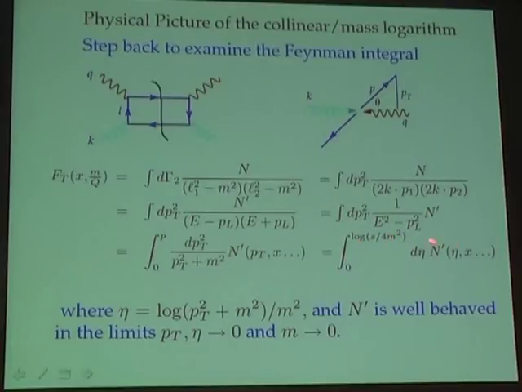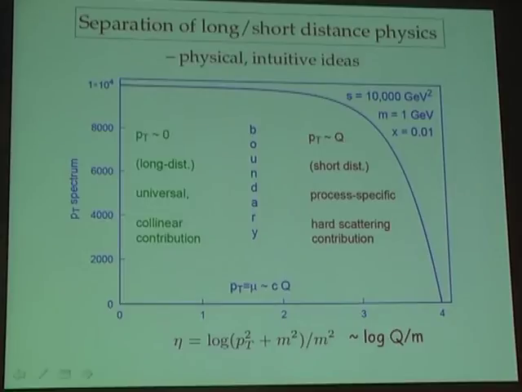And this is basically a regular function integrating over eta over this range, so you can see this very easily. You can just plot such an integrand. What you're going to see is the integration range from 0 to the largest value, which is basically logarithm of s divided by m squared.